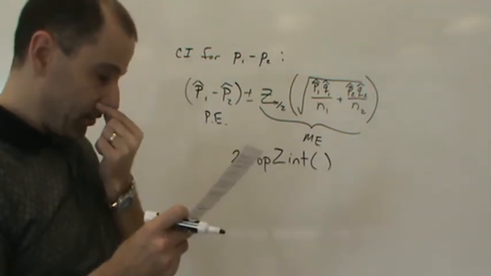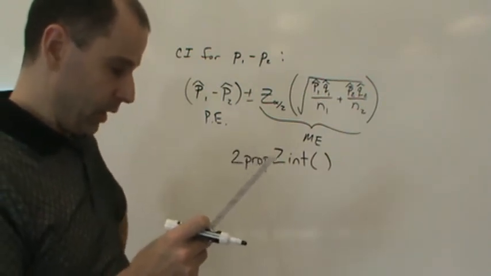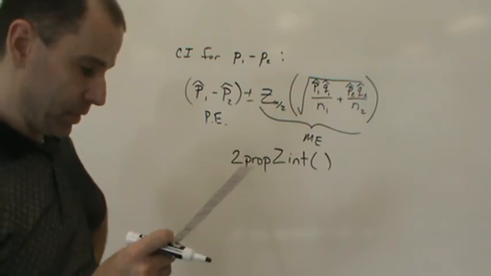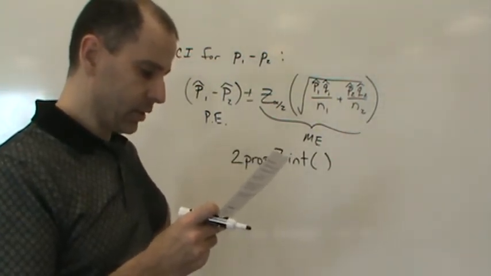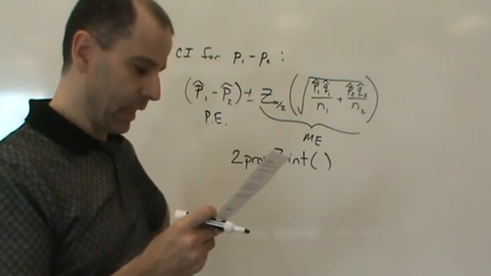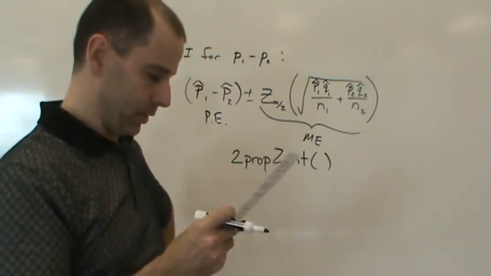Of the 1,343 white cell phone owners randomly sampled, 10% own an iPhone. Use this data to construct a 95% confidence interval for the difference in population proportions.